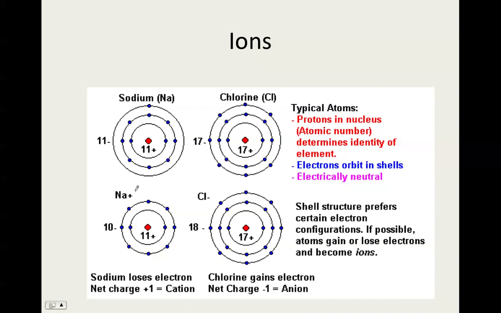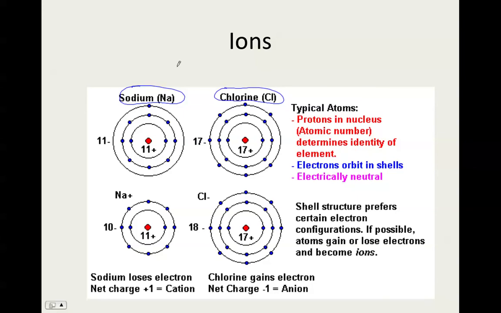So what you see here is the formation of sodium chloride from a sodium atom and a chlorine atom. You have the neutral sodium atom here and the neutral chlorine atom here.